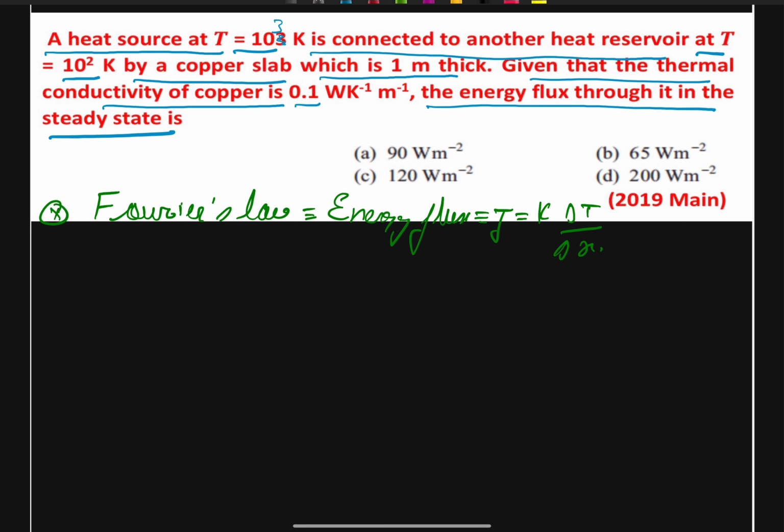Here delta x is our thickness and delta T is the difference in temperature.